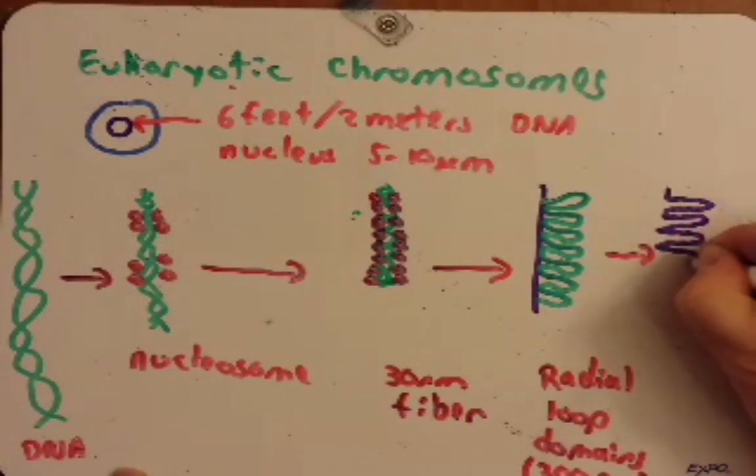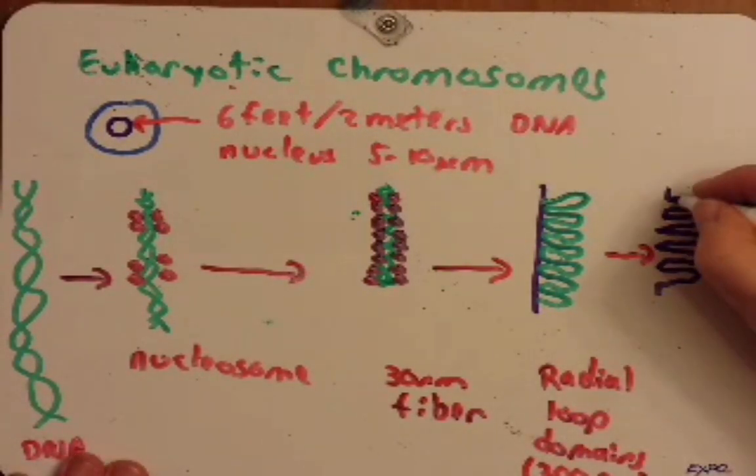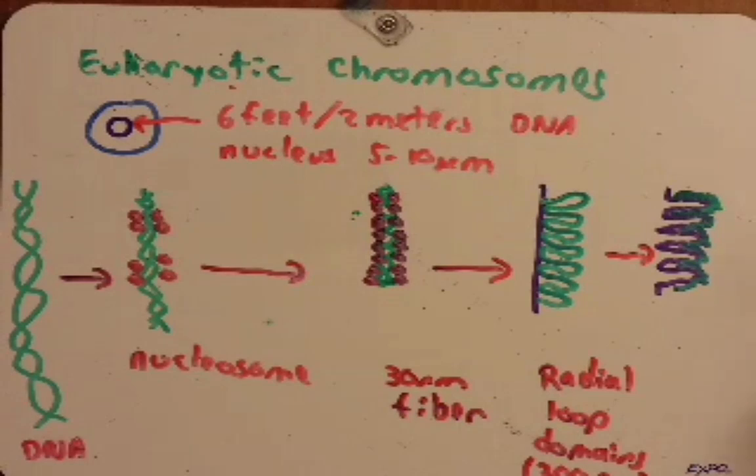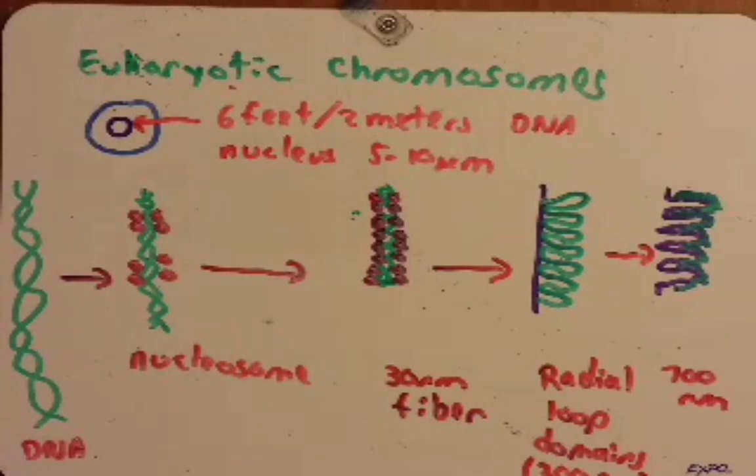And as it folds upon itself, it's also further compressing the DNA that is attached to it. We would call this the 700 nanometer form. The last form that we have is as this further compresses, then we eventually will see what we would call that chromosome structure that we see during mitosis or meiosis.